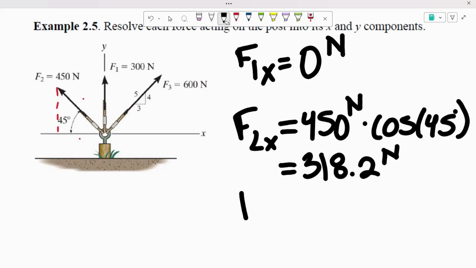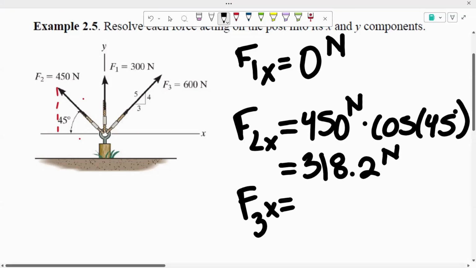And then we're going to work on F3, F3 of x. F3 is given to us as a slope, so 3, 4, 5. There's no angle here. We're trying to find the horizontal, the x component, so we're trying to find this side, which is 3, and we are given the hypotenuse of 5.